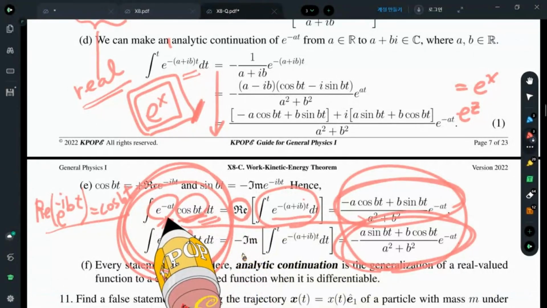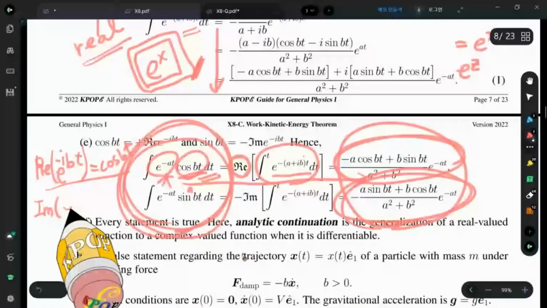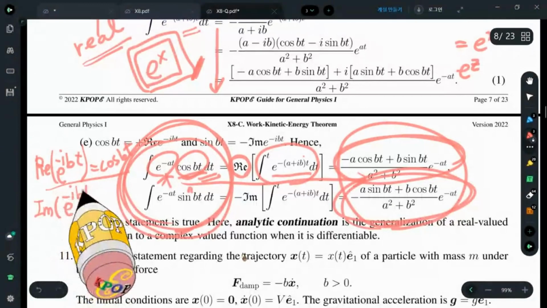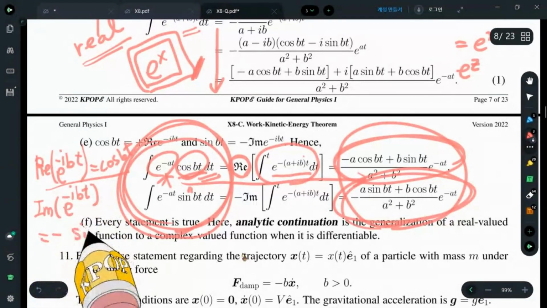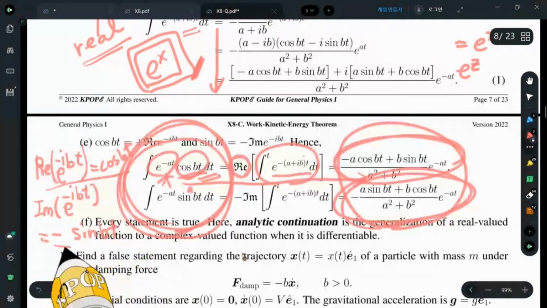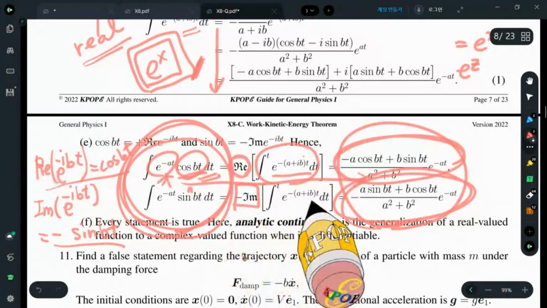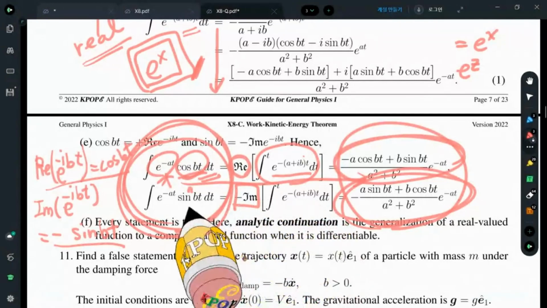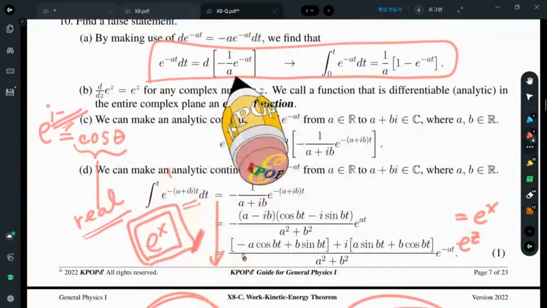In a similar manner, the imaginary part of e to the minus i bt equals minus sine bt. Using this fact, minus the imaginary part of this one is the same as this. However, we can make an analytic continuation.